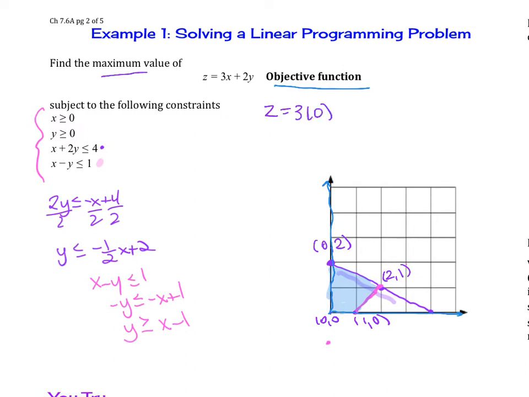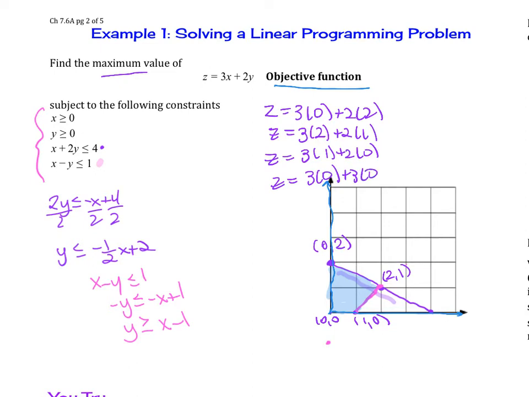So 3 times 0 plus 2 times 2. I'll just plug it all in. Z is 3 times 2 plus 2 times 1, then 3 times 1 plus 2 times 0, and then z equals 3 times 0 plus 2 times 0, and there's 4 points there.